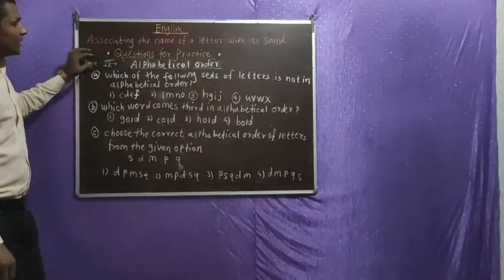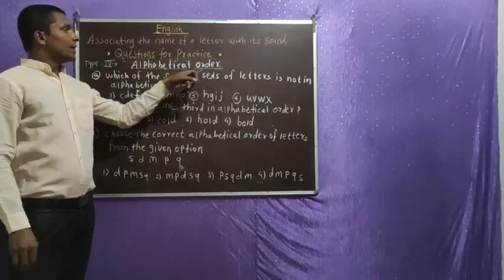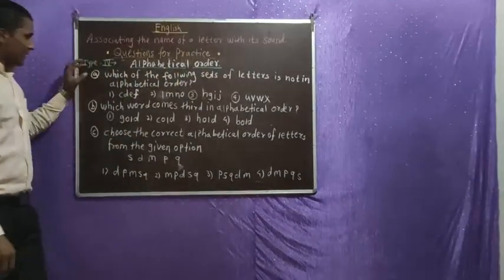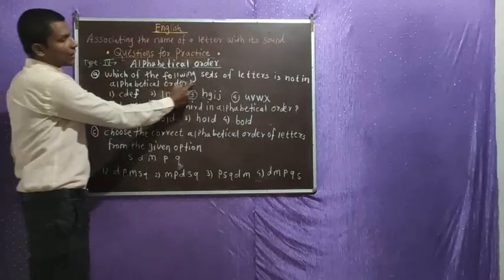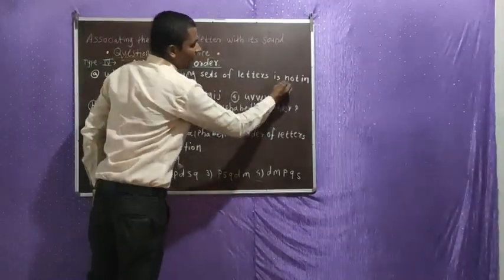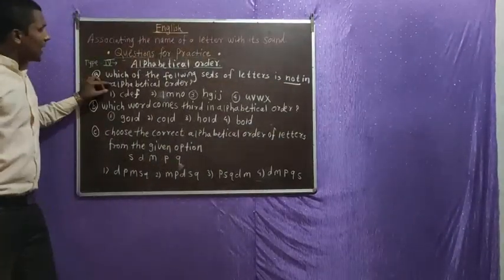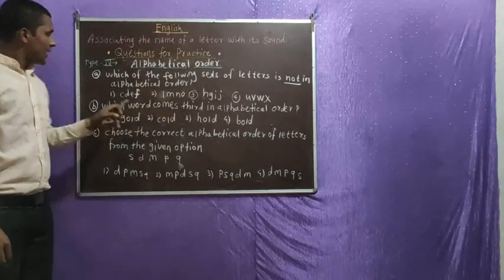Now type 4 is questions based on alphabetical order. See the first question. Which of the following sets of letters is not in alphabetical order? Here are 4 options.